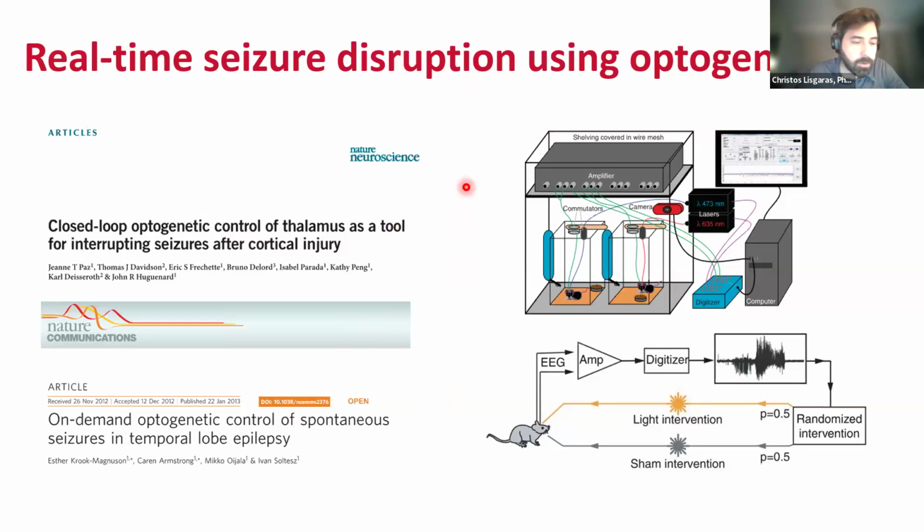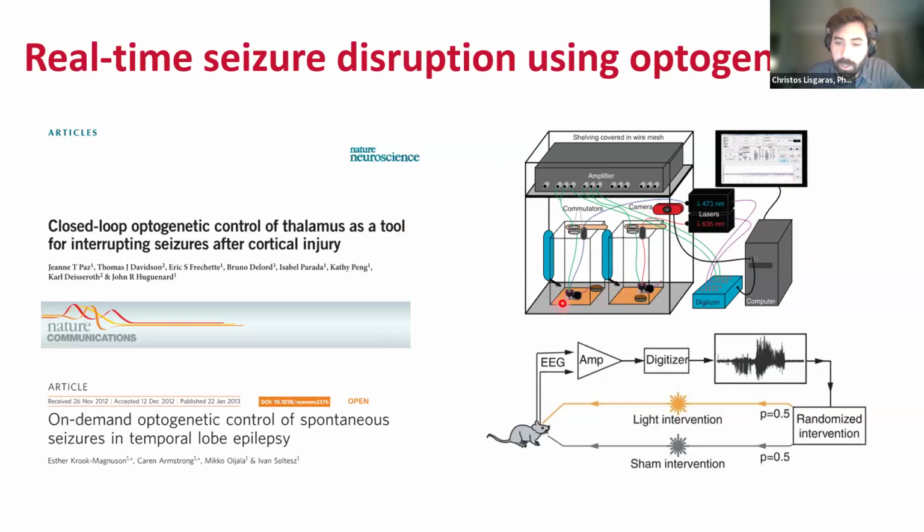There are many others also, but here you can appreciate that if you control cell types in the thalamus, you can actually interrupt seizures. And this work also looked at cell types in the dentate gyrus to look at what is their contribution to seizure dynamics. And here is how that works.